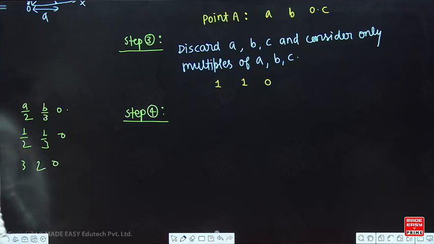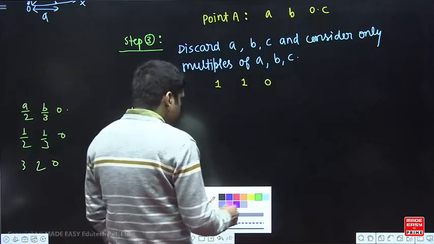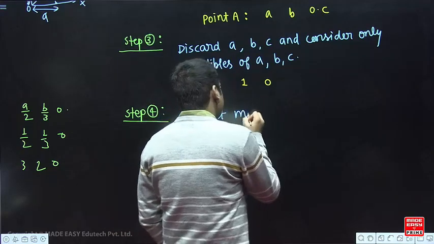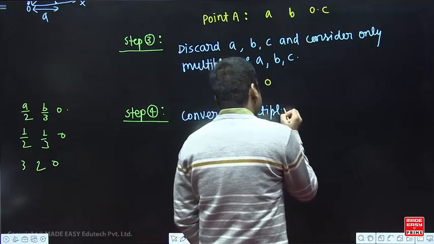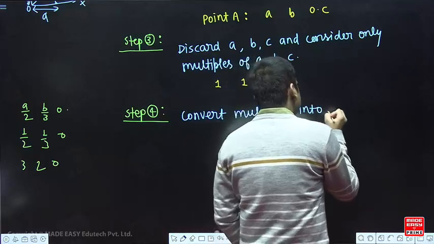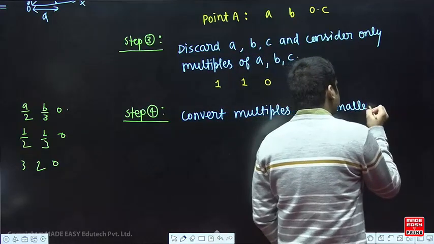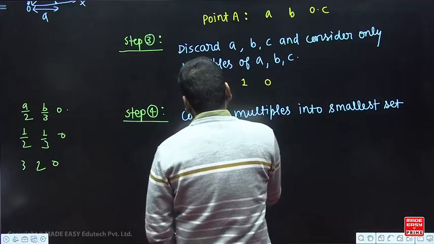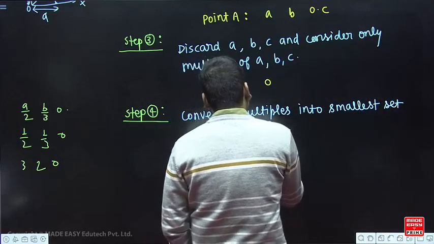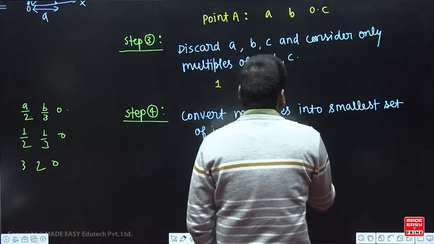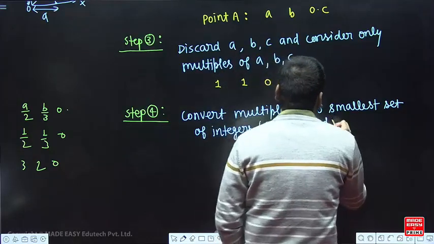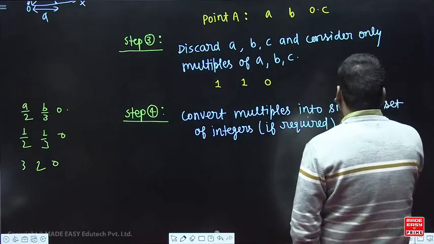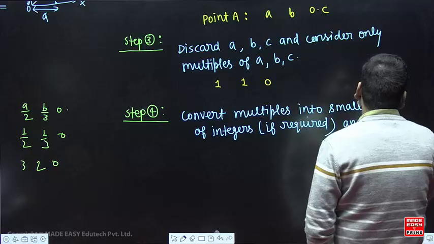You will get the smallest integers. So convert multiples into the smallest set of integers if required. In this case it is not required, they are already the smallest integers, so we need not convert them.